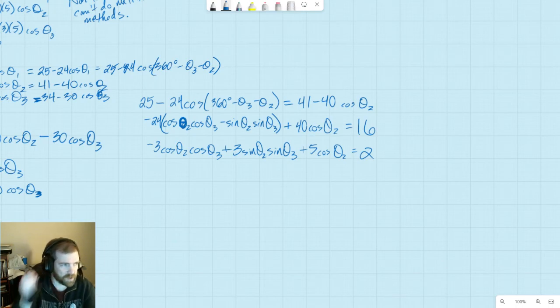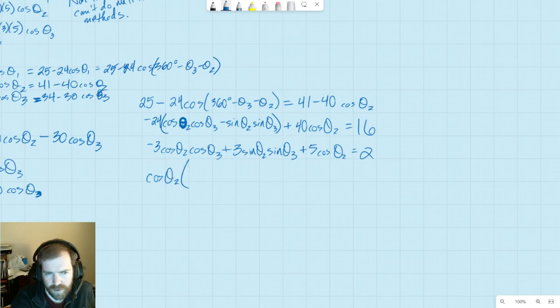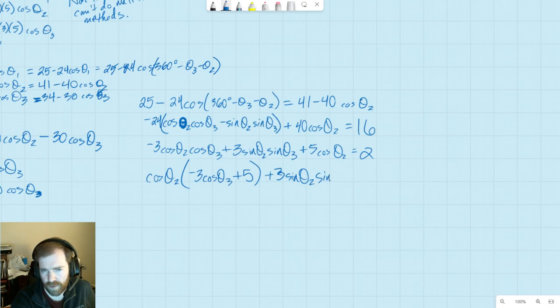I thought you meant in this particular problem. In theory, it could, but I'm not sure we need vectors for it. Okay, cosine theta 2 times the quantity, negative 3 cosine theta 3, oops, plus 5. Plus 3 sine theta 2 sine theta 3.